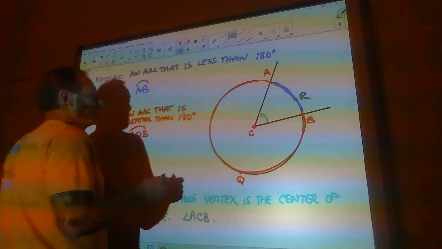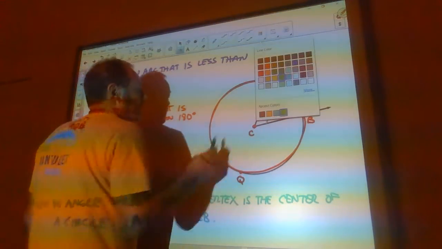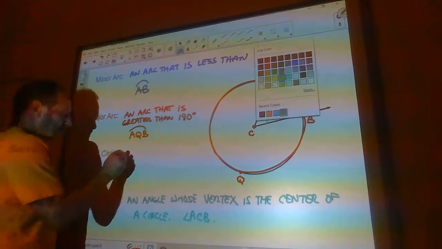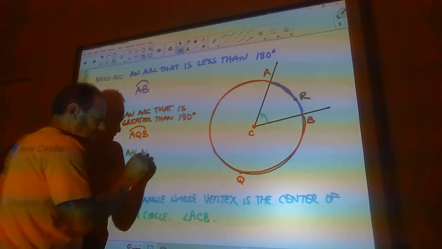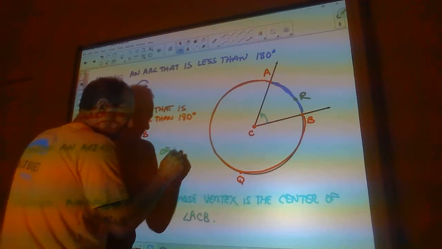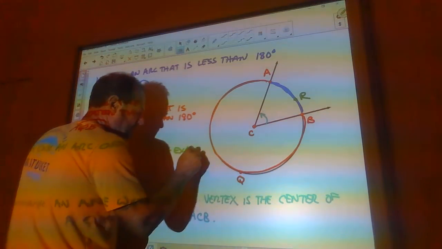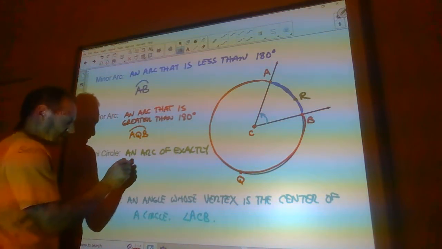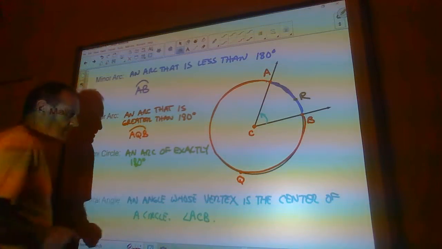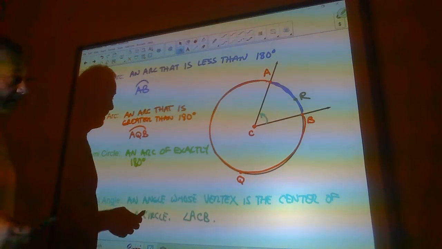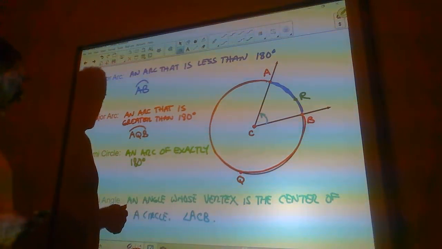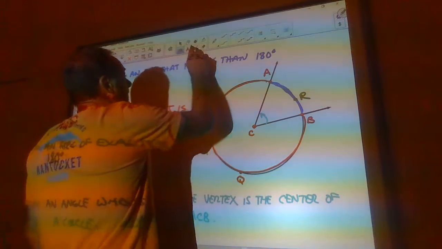Okay, a semicircle is an arc of exactly 180 degrees. Okay, I don't have a semicircle on here, but I could make one real quick.